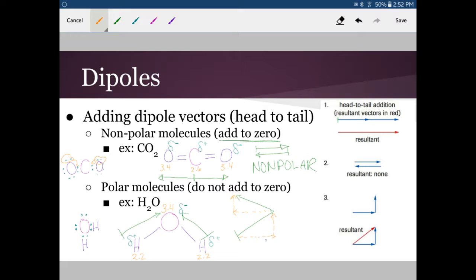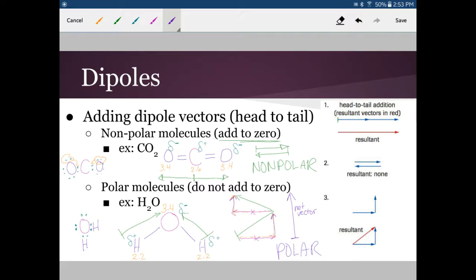So what you'll see is that these 2 vectors, this guy here going to the right and this guy here going to the left, they cancel each other out. So all that I have remaining is a general net vector, we'll call it a net vector, of up. I add those 2 up arrows, resulting in a net up vector. So since there was a vector remaining, a net vector, this means that this is a polar molecule.